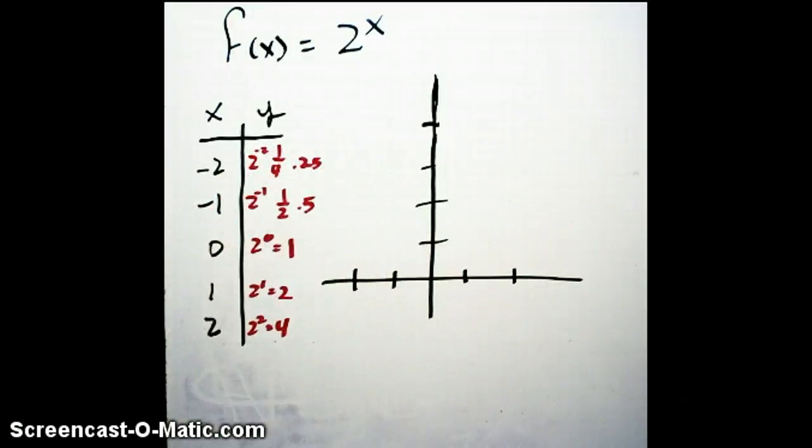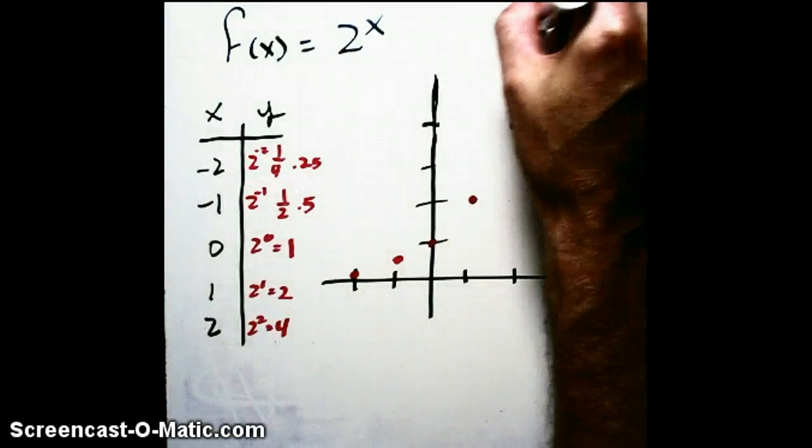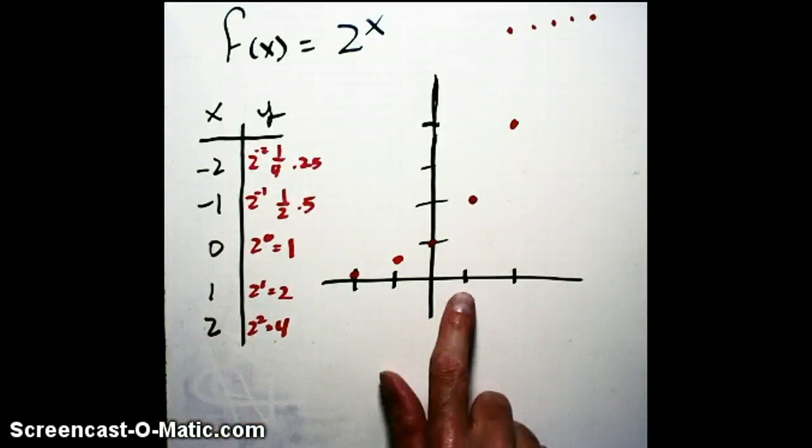Okay, so let's take these points right here and plot them. Okay, I plotted the points. Now, just like with a line, if you have 2 points separated on a line, there are points in between them. The same thing is true here. Even though these are integer numbers, I could do 1.5.